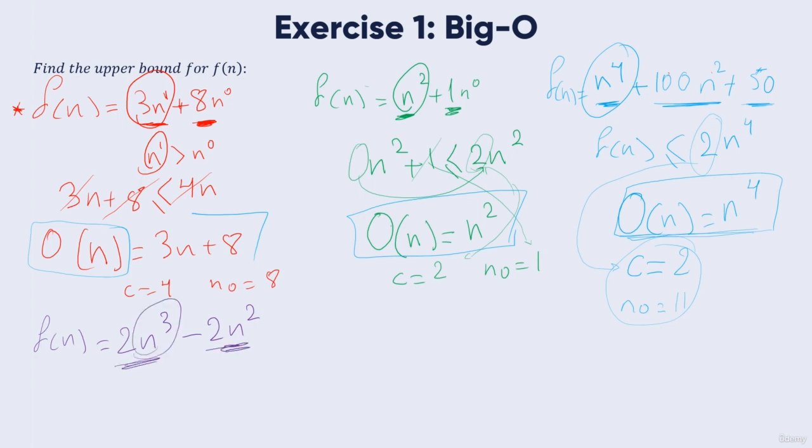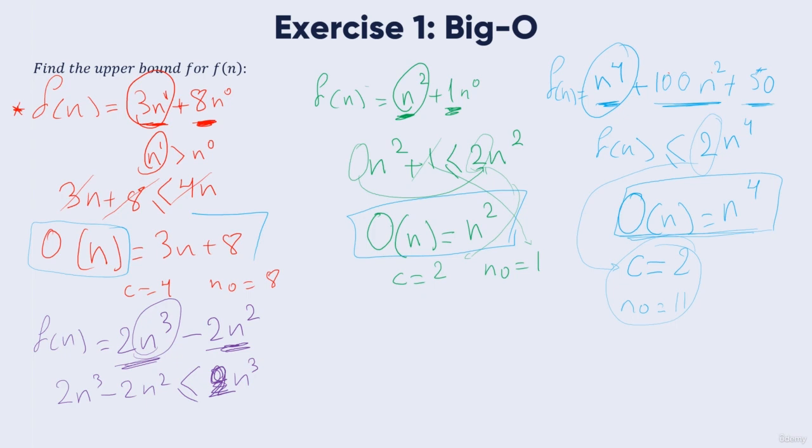The highest term is n cubed. So this function 2n cubed minus 2n squared is less than or equal to 2n cubed. We don't need to put 3n like here. No, we need to put 2n cubed, because 2n cubed is decreased by minus 2n squared.